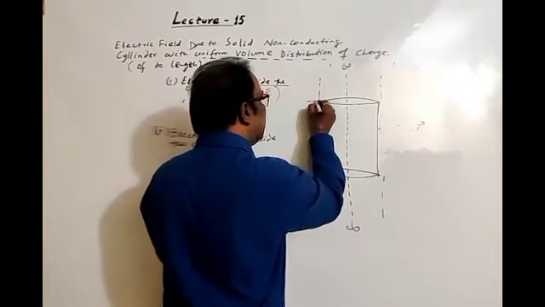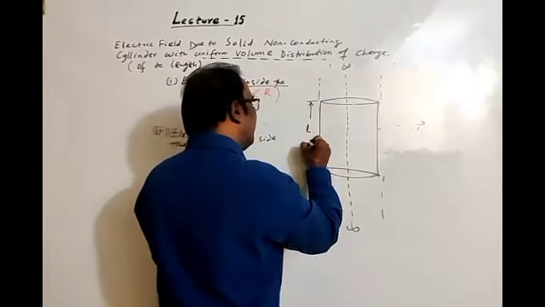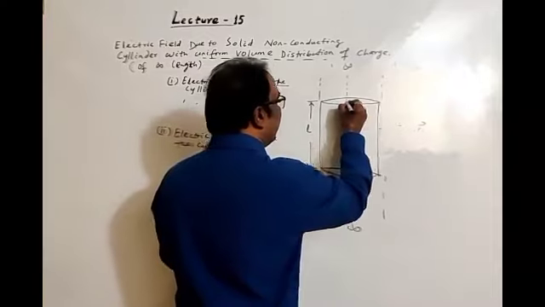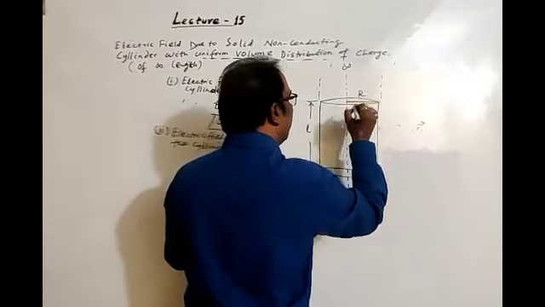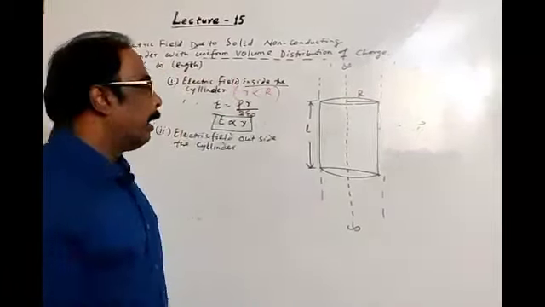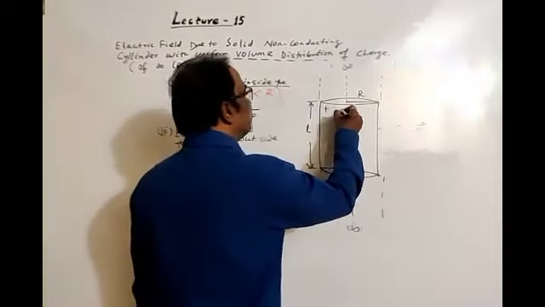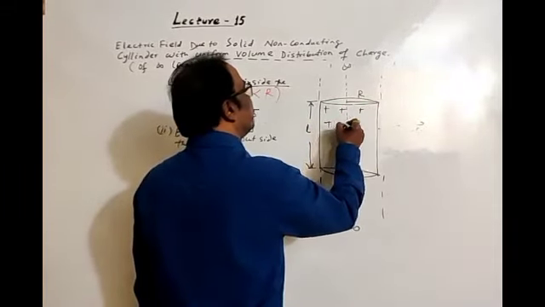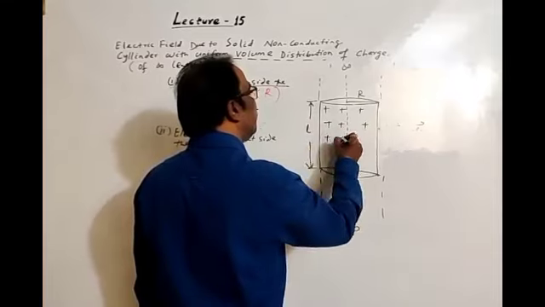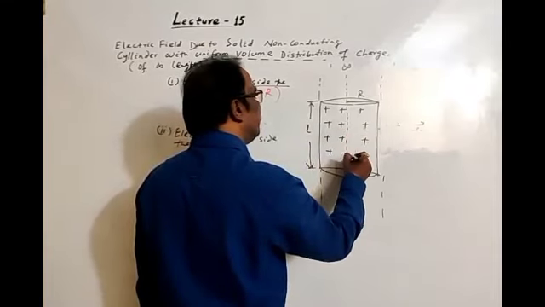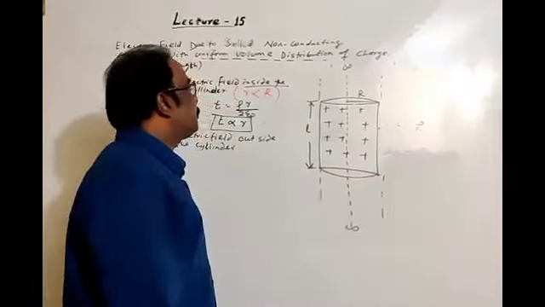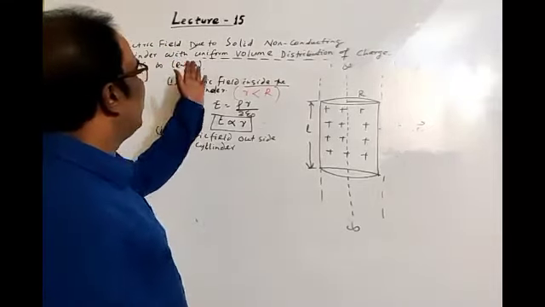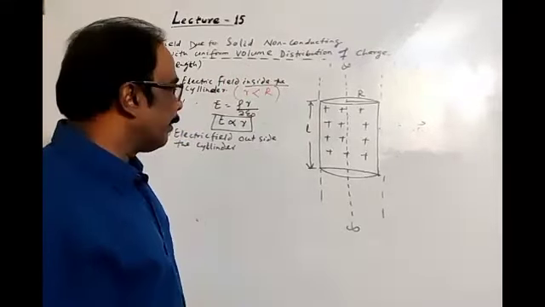Now let's consider a part of the cylinder of length L, and as we have taken, the radius of the cross-sectional area of the cylinder is R, and this cylinder is charged uniformly, means uniform volume distribution of charge, and this is a cylinder made up of insulating or non-conducting material.